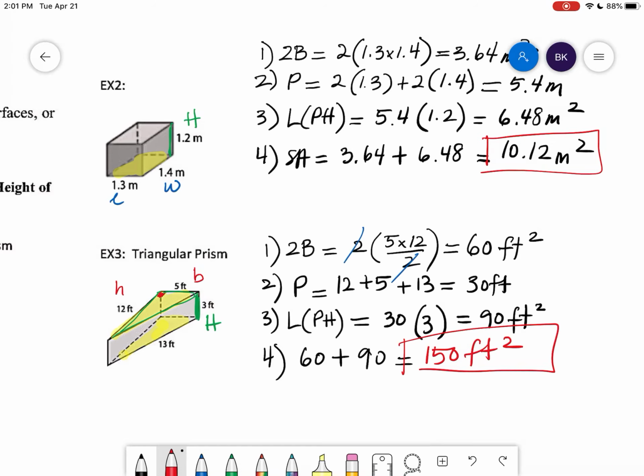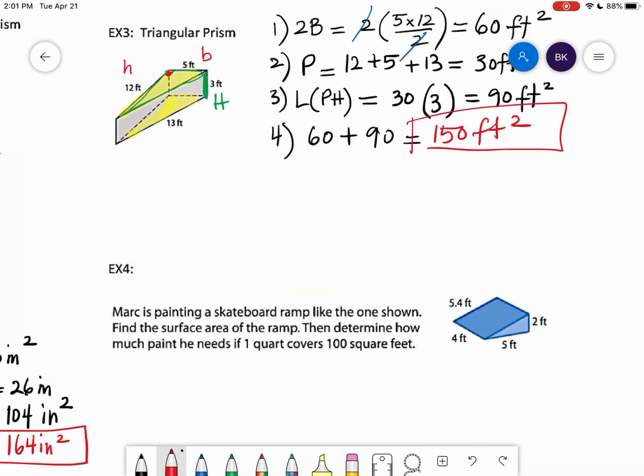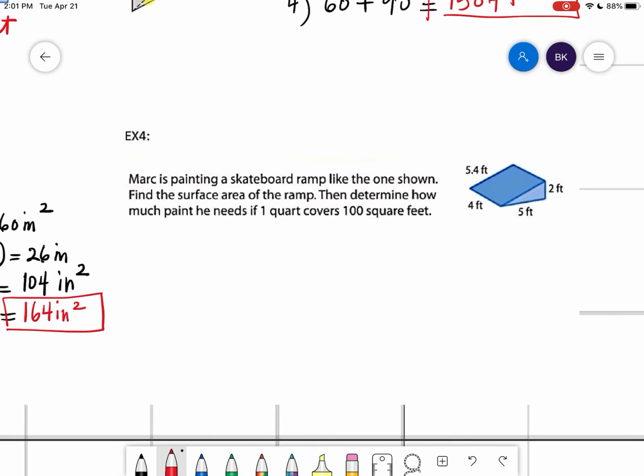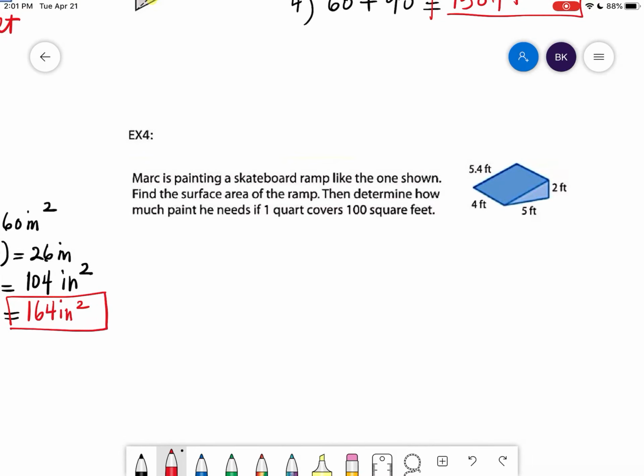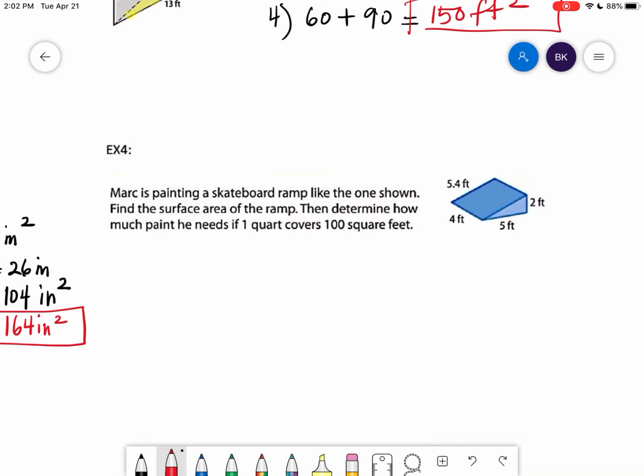Okay, moving on to our last example. Again, try to find the surface area of this triangular prism all on your own, and then compare your answers to mine, okay? So again, just like I said before, we're going to find the base, which is the triangle, okay?